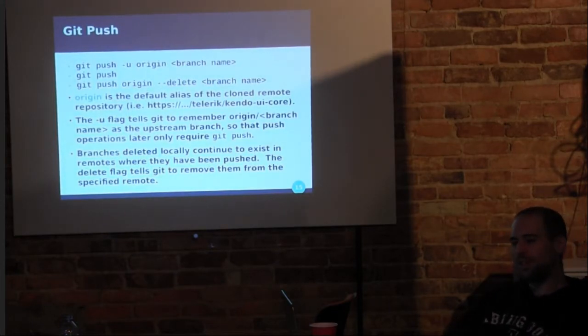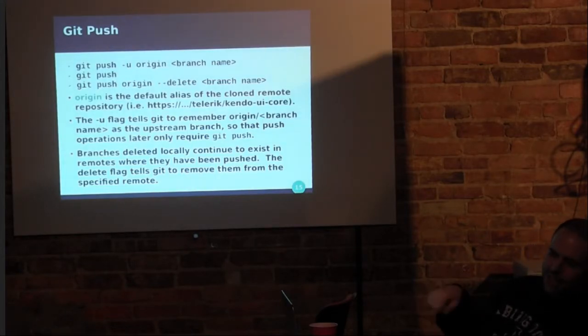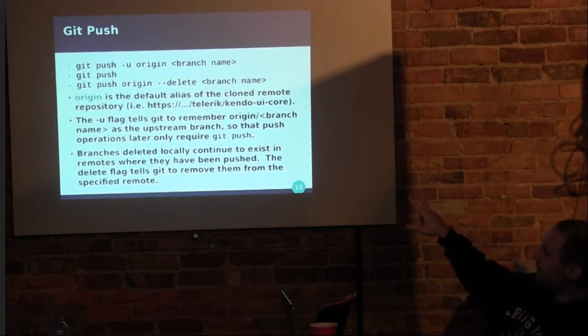So the form I just used is the very top form, git push. The -u flag I'll explain here in a second, but you'll see git push include the origin a lot of times, and then the branch name that you're pushing.